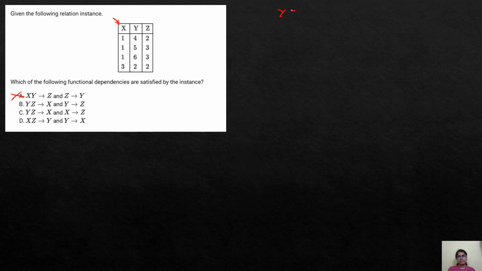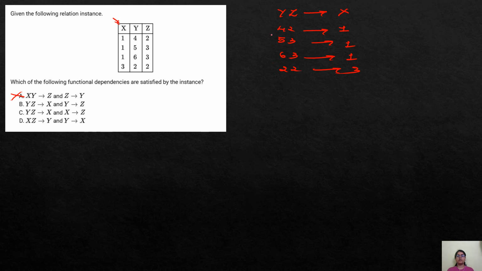So YZ is determining X. YZ values are 4, 2, 5, 3, 6, 3, 2, 2, and it is determining 1, 1, 1 and 3. The first thing we have to check is whether our LHS side is unique.